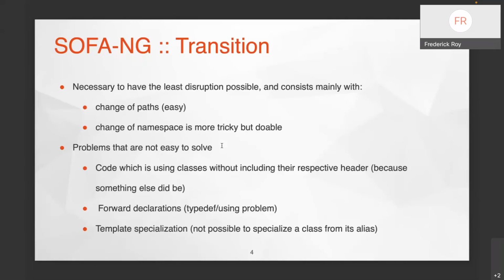So this is also a drawback of C++. I don't think there are a lot of cases of people doing specialization for certain types of templates, but it can happen, and this is not possible to handle with the transition layer. So be aware that if you do something out of the road, let's say, you will have some problems. It's not difficult to fix, but you will have problems.